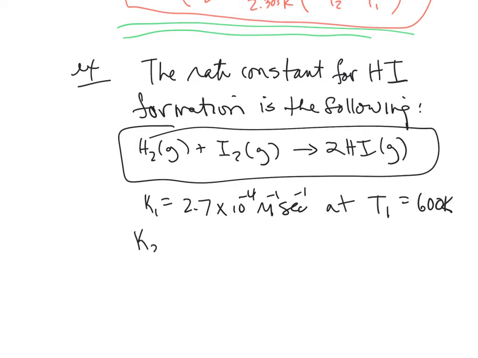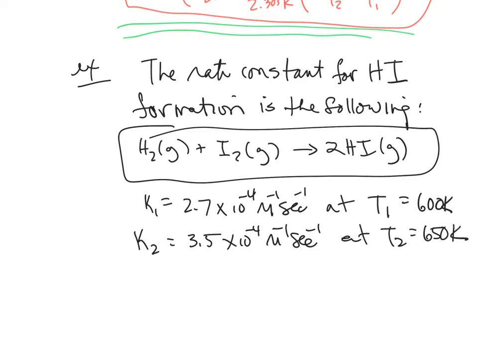Then you've got rate constant 2, which is 3.5 times 10 to the minus 4 molar to the minus 1 second to the minus 1 at T2 equals 650 Kelvin. And our problem here is to find K3 at 700 Kelvin.